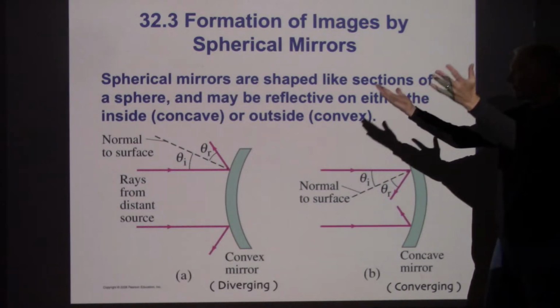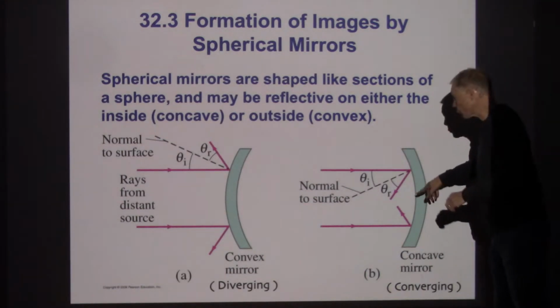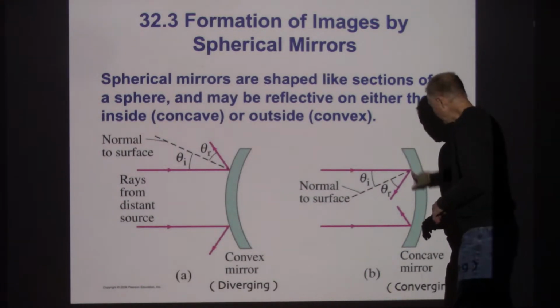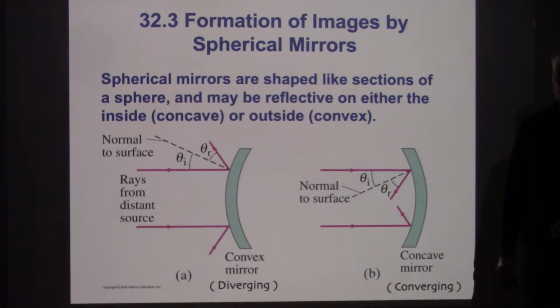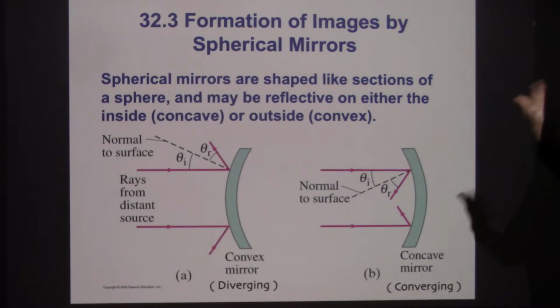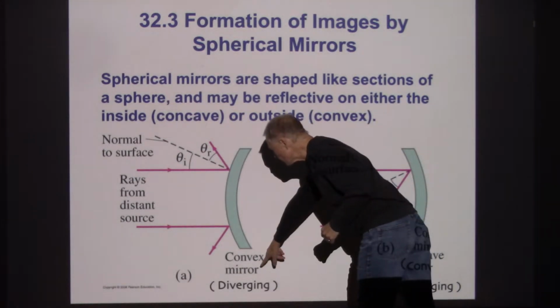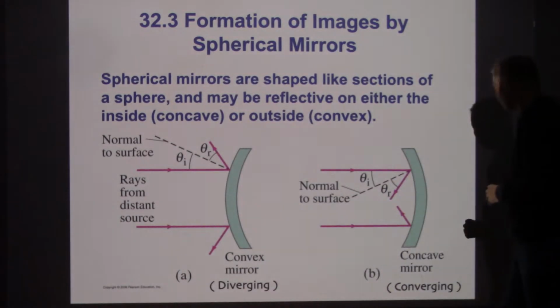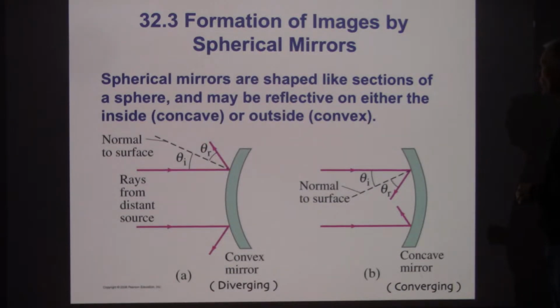Anyway, this one's convex, this is concave. And for mirrors, the concave geometry creates a converging mirror. When we get to lenses, we'll find out that this reverses, and we'll see why. But for mirrors, right now, the convex shape gives us a diverging mirror. The concave shape gives us a converging mirror.